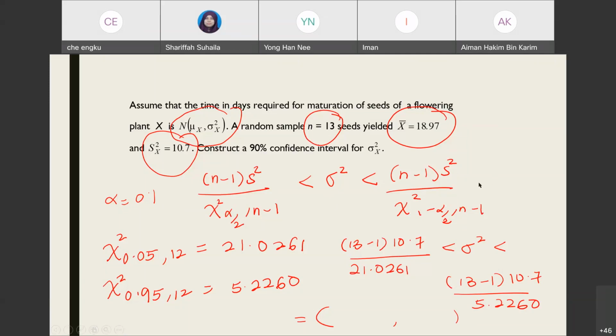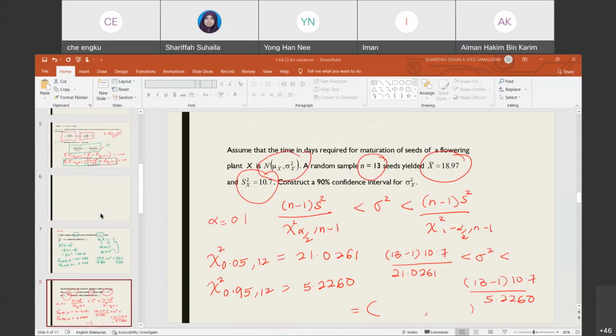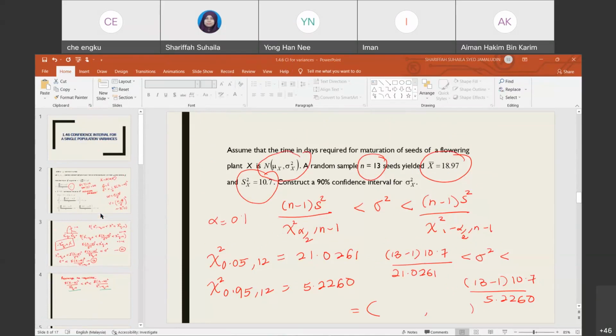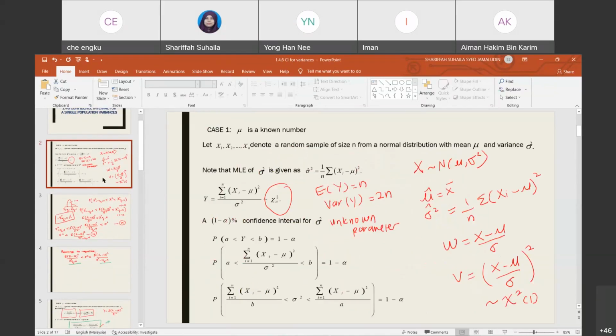Any questions? So this is the confidence interval for a single population variance. Make sure you know how to derive it, and also distinguish the question type.